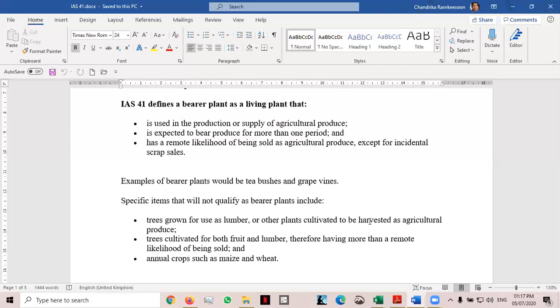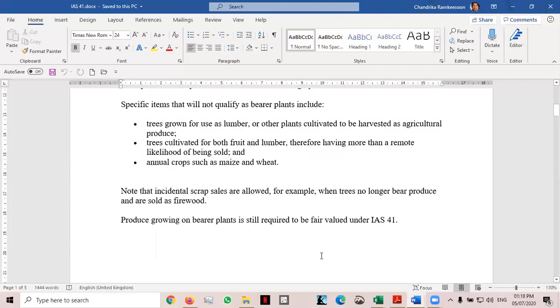They are essentially the same. Remember, if you know about the way this operates, whenever corn is plucked, the plants are normally cut down. And wheat is wheat. It's not as though we can separate both of them, meaning the plant itself and the produce. So these items will not qualify as bearer plants and therefore will not fall under IAS 16.